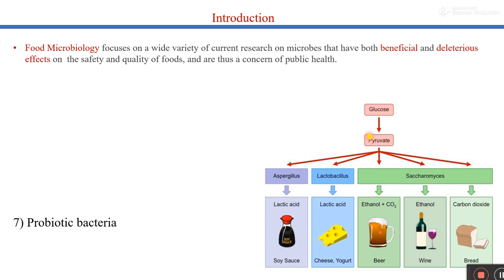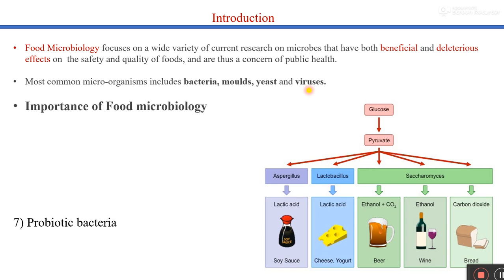In another way, you can define food microbiology as a branch of science or research which generally involves the study of microbes that have both beneficial and deleterious effects on the safety and quality of foods and are thus a concern of public health. So the most common microorganisms include bacteria, molds, yeast, and viruses.